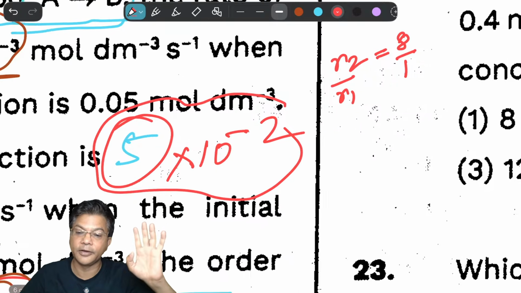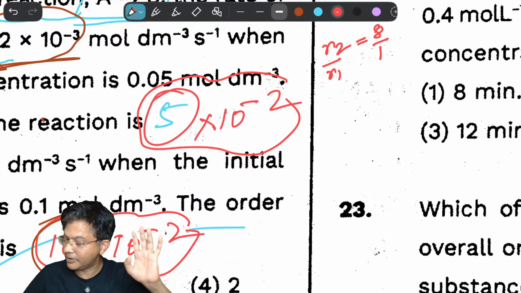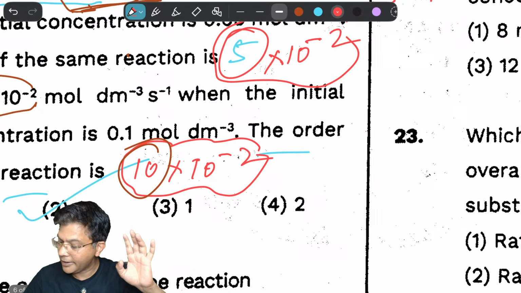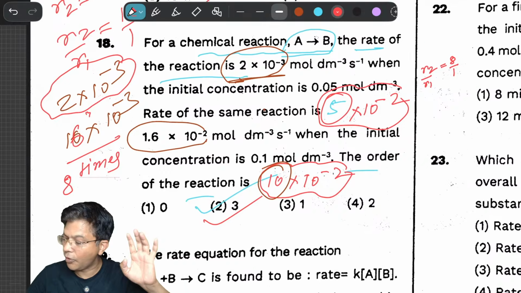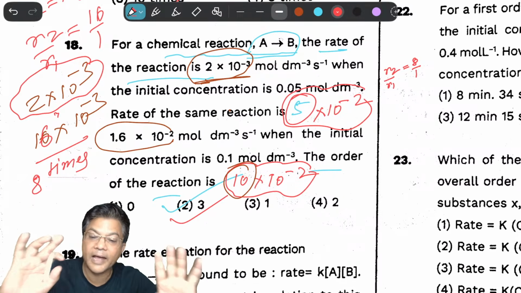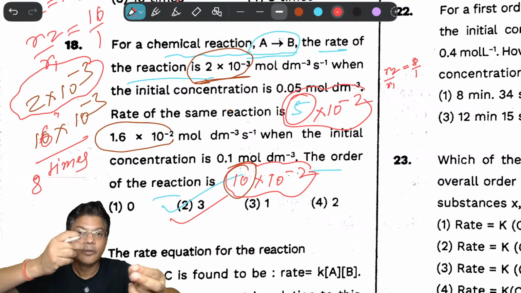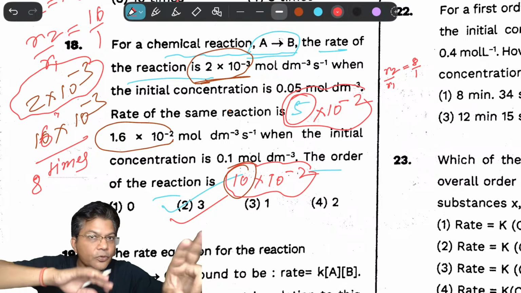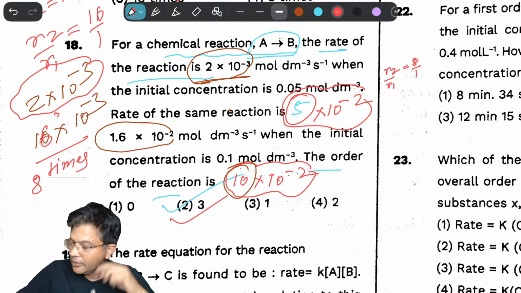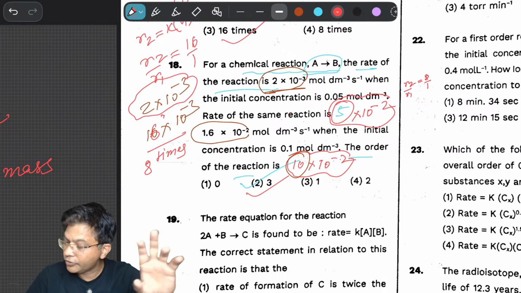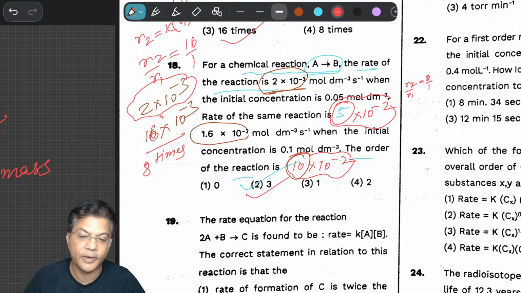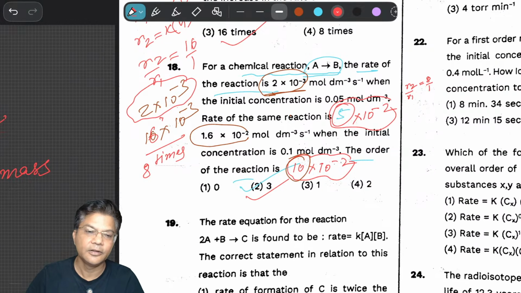How many of you got it? You got late, Mantasha. Power is 3. How many of you got it, kids? Simple maths you should know: you have to check the concentration, and you have to check the rate. Simple maths you have to apply. Have you got it, kids?